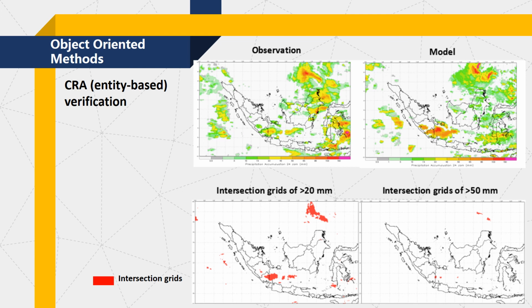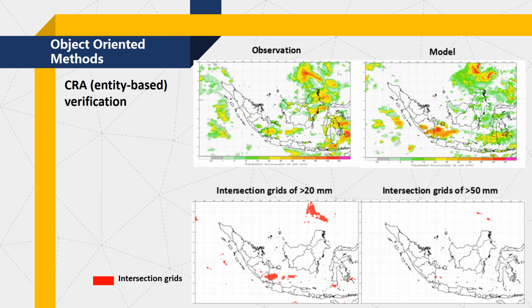The object-oriented method verifies the spatial forecast from a signal or entity. This entity is a variable from the NWP data defined by a closed contour due to its discontinuous spatial value. Some examples of this entity are contiguous rain area, or CRA, convective area, and low pressure minima.